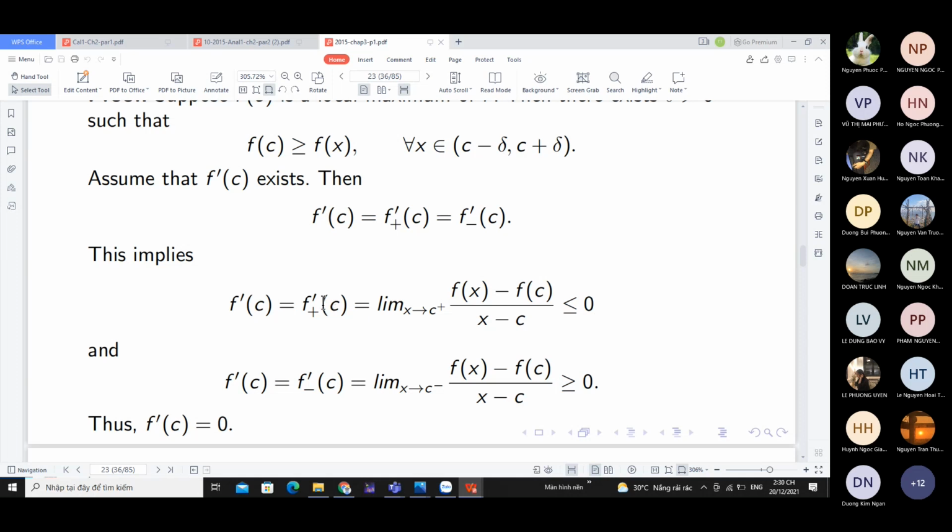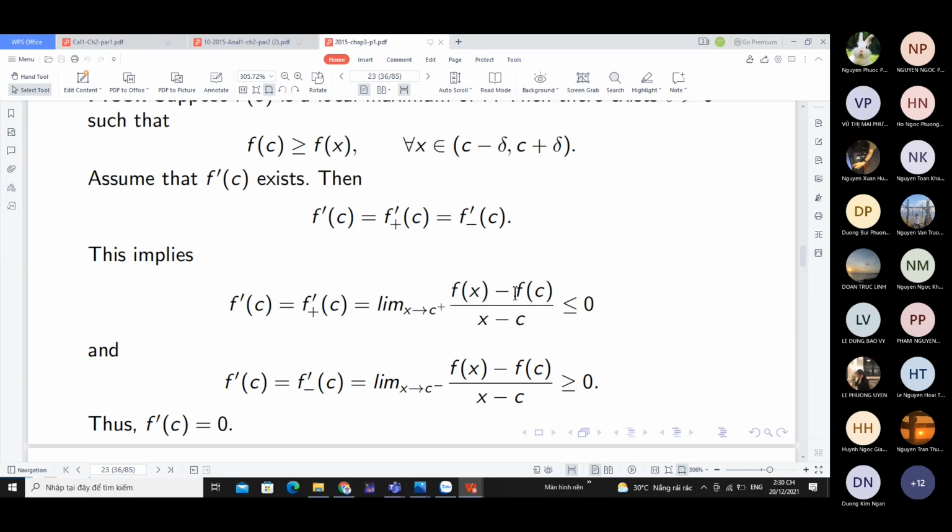By definition, the right derivative of f at c is the limit of the difference quotient (f of x minus f of c) over (x minus c) when x approaches c from the right. X approaches c from the right means x is greater than c, so x minus c is always positive, right?